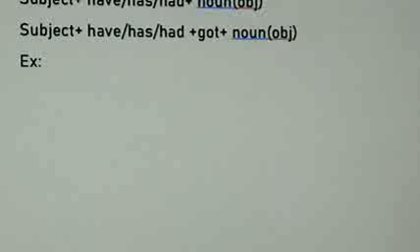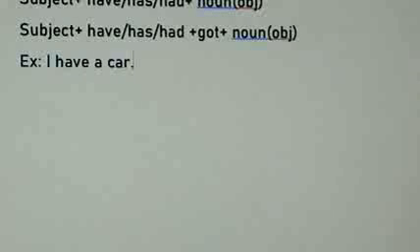Let's see the first example that I have already explained to you. I have a car, right? If I tell you that I have a car, it does mean that the car that I have is mine. It means I am the owner of that particular car.